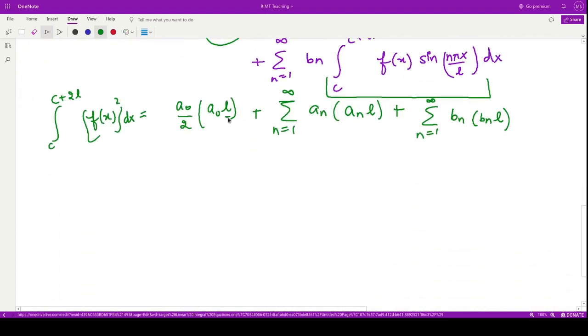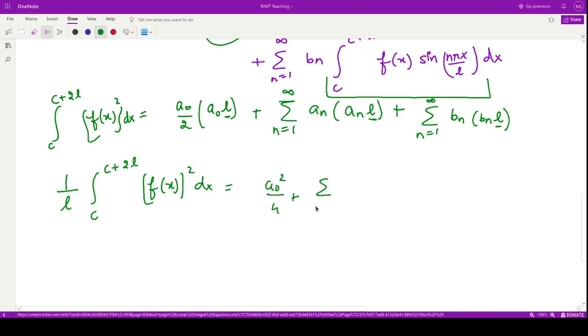Here if you take l common in every term and shift this to the left hand side, you'll be having 1 by l integration c to c plus 2l of f of x whole square dx. This becomes equal to a naught square by 4 plus summation n varies from 1 to infinity of an square plus, now you can take the summation also common, bn square.